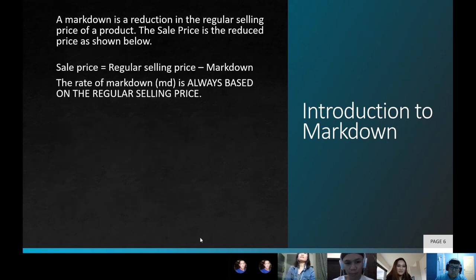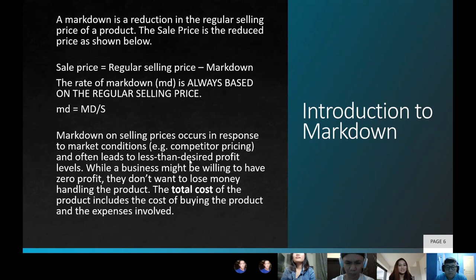The rate of markdown is always based on the regular selling price. Markdown on selling price occurs in response to market conditions, for example competitor pricing, and often leads to less than desired profit level. While a business might be willing to have zero profit, they don't want to lose money handling the product. The total cost of the product includes the cost of buying the product and the expenses involved.